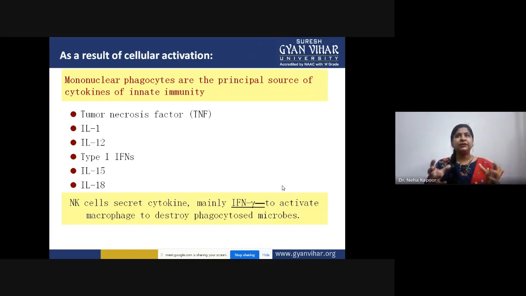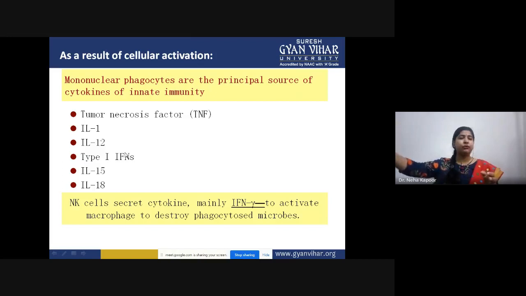As a result of this cellular activation, when these cells get activated, whether they are mononuclear phagocytes or natural killer cells, they start producing certain cytokines. For example, mononuclear phagocytes are the principal source of cytokines in innate immunity, because the major cytokines released are tumor necrosis factor, interleukin 1, interleukin 12, type 1 interferon, interleukin 15, 18.